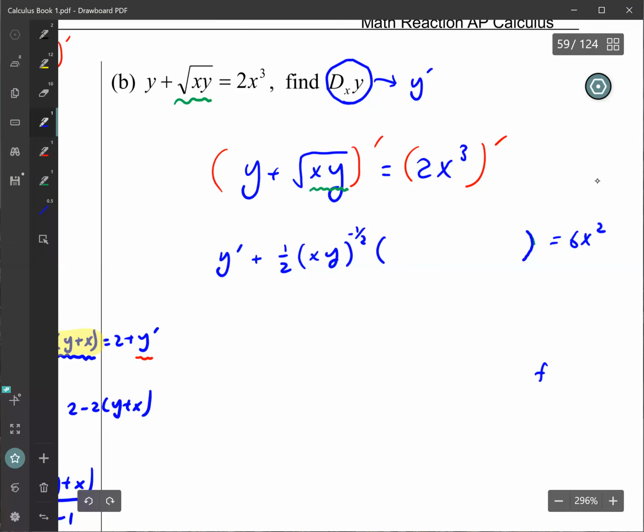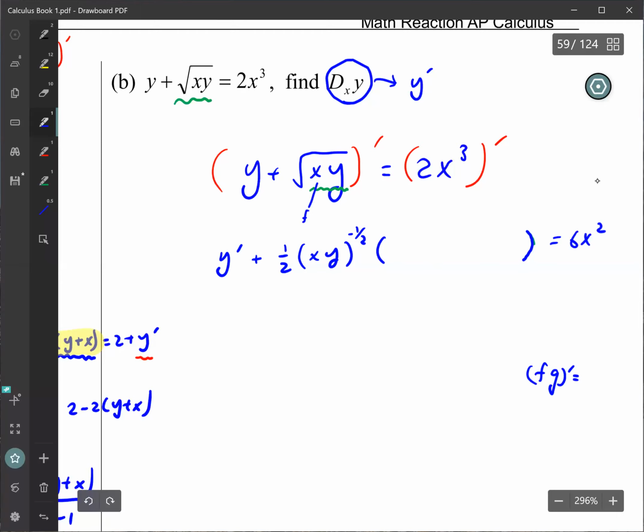So if you have fg prime, how do you do that? fg prime equals f prime g plus fg prime. Yes. So the f is the x, g is the y. Okay, so f prime will be just 1.